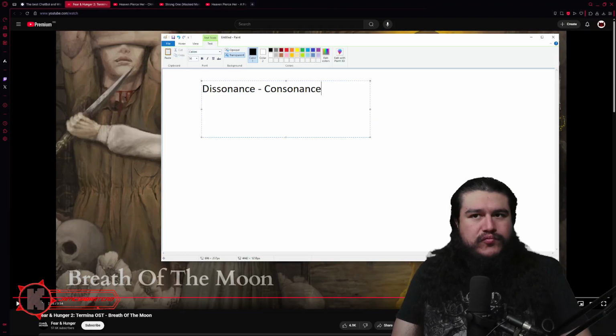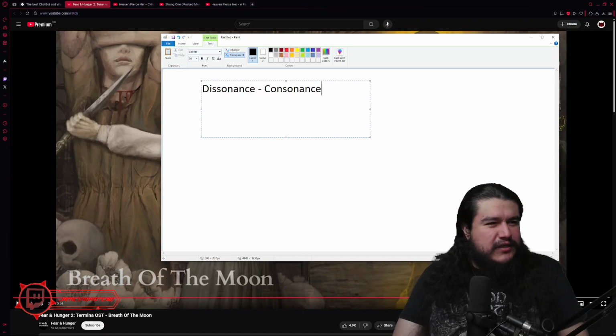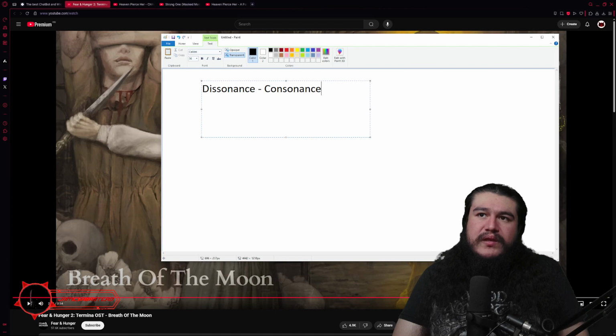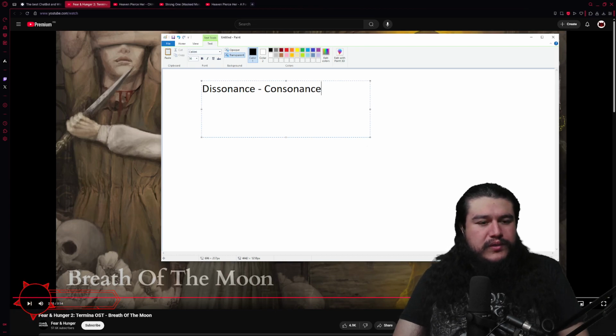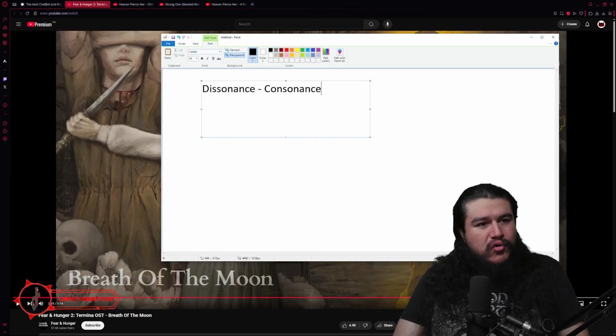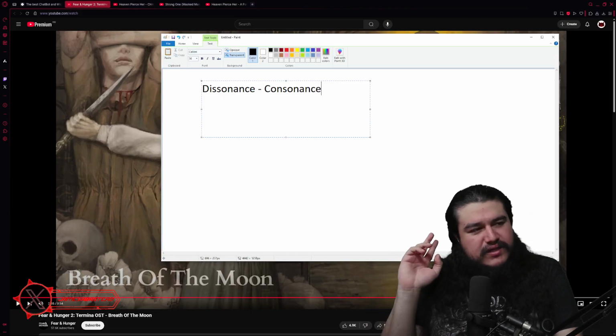Consonance kind of comes from the Latin, the Italian. Con means with, dis means without. So a consonant chord is just a good old chord, right? Like a major chord. It sounds nice, all the notes are together. A dissonant chord is going to be the notes clashing against one another, and we're having that in the background.